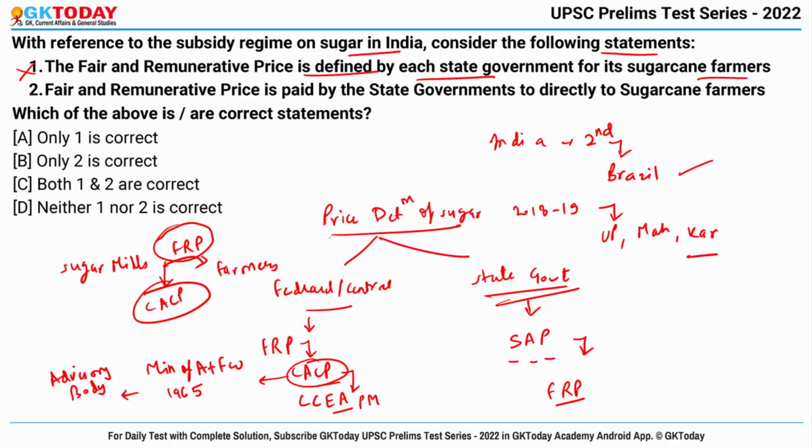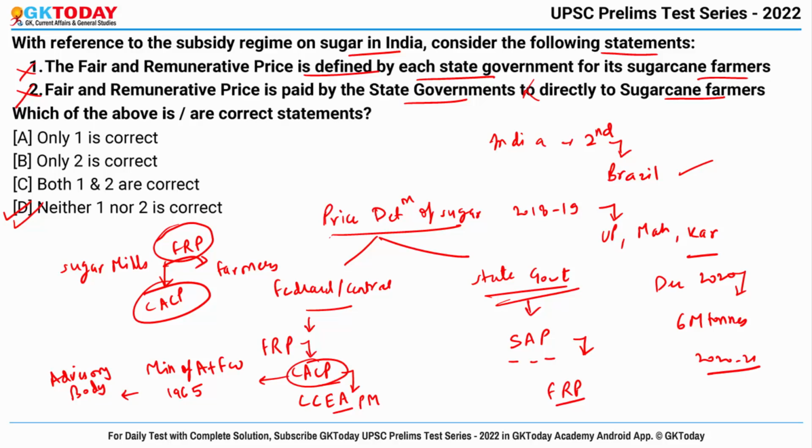Second statement says FRP is paid by the state governments directly to sugarcane farmers. No, this is not the case. Hence here correct answer is neither 1 nor 2. Actually, in the month of December 2020, a subsidy was approved to encourage the sugar mills to export 6 million tons in the year 2020 to 21. And why it is in news?